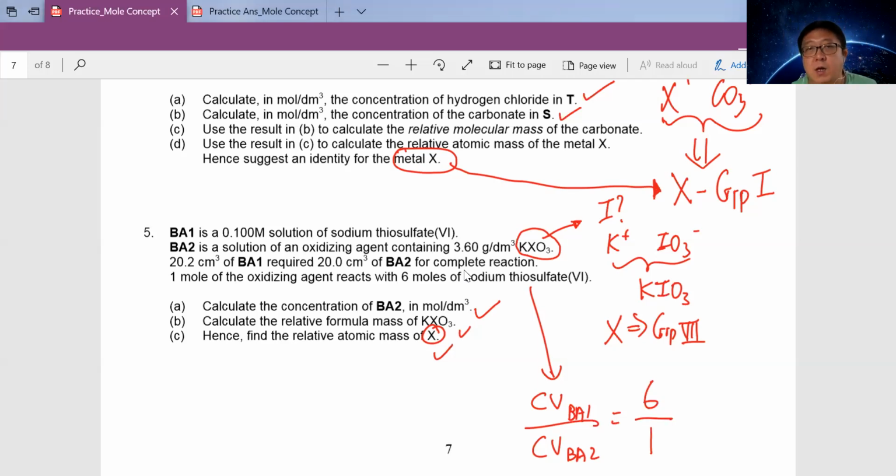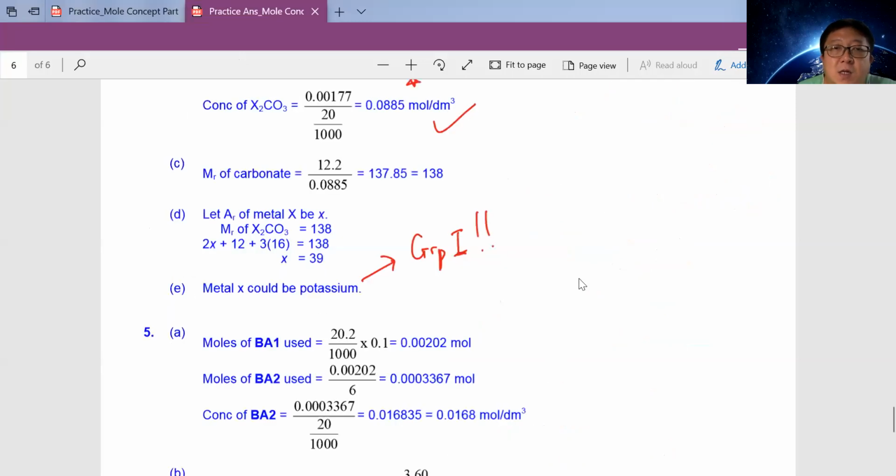If you write wrongly, then you will end up with the wrong answer. This is what this line is trying to tell us. Sodium thiosulfate is BA1. So when I write BA1 on top, it is 6 on top, not 6 below. Okay, so you use this formula. Instead of working it through the long way, you can also get the answer. Okay, 0.0168.